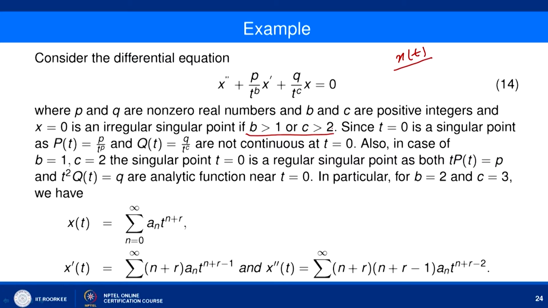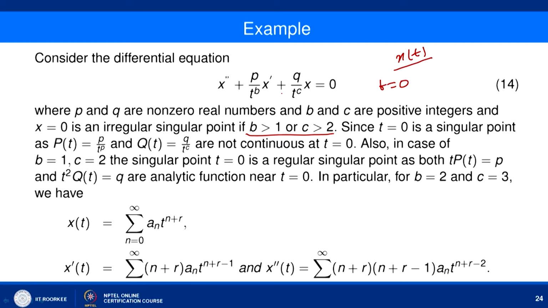First of all, we can already check that t equal to 0 is a singular point, because the coefficients of x dash and x are not continuous at t equal to 0. And then we want to check whether it is a regular singular point or not.